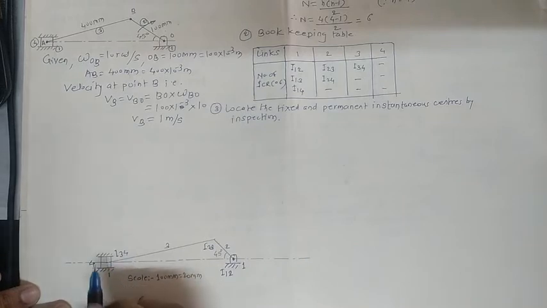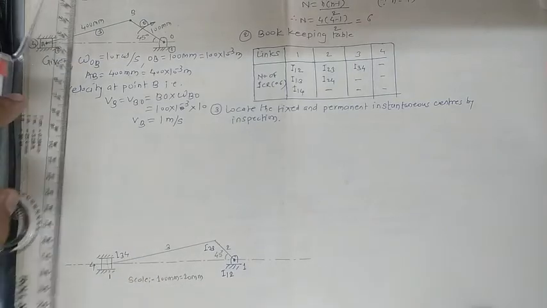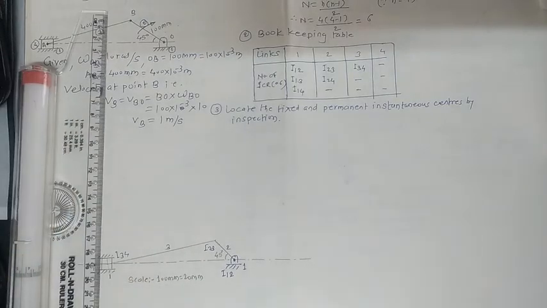So as per our previous discussion regarding the instance center of a slider, when it slides on any straight line, its instance center lies at infinity. So you just have to show I14 at infinity.